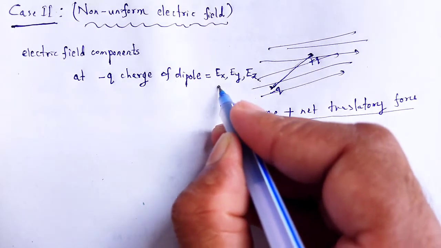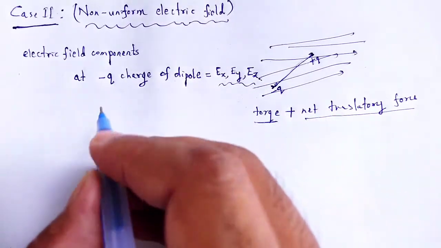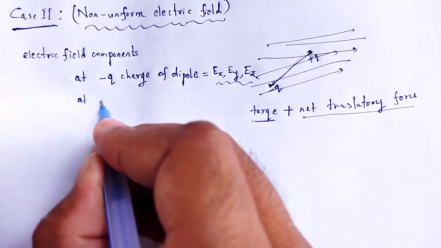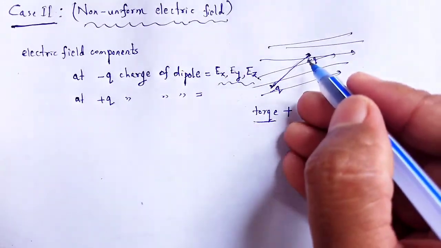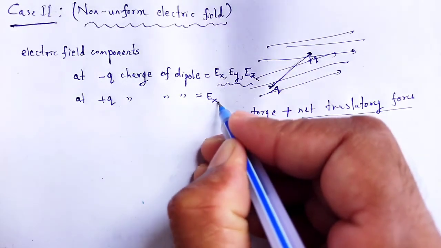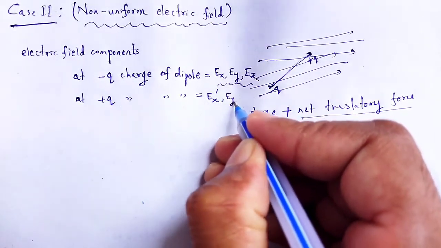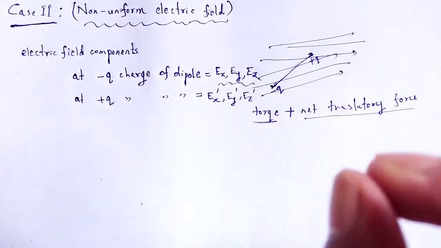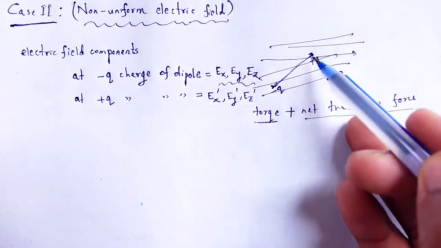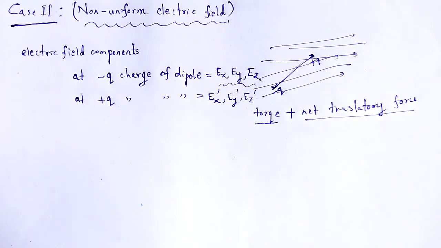Again at the positive charge of the dipole, the electric field components are Ex dash, Ey dash, Ez dash.